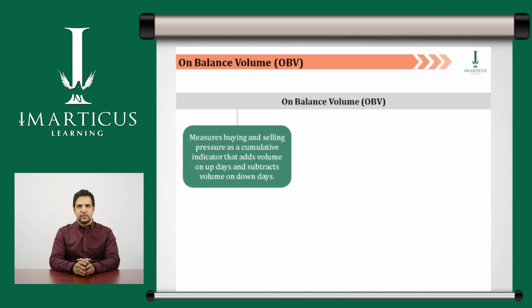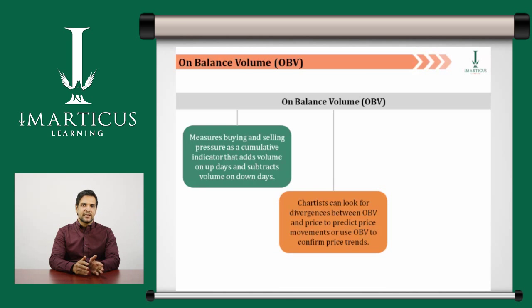OBV charts measure the buying and selling pressure as a cumulative indicator that adds volume on up days and subtracts volume on down days. Chartists can look for divergences between OBV and price to predict price movements, or use OBV to confirm price trends.